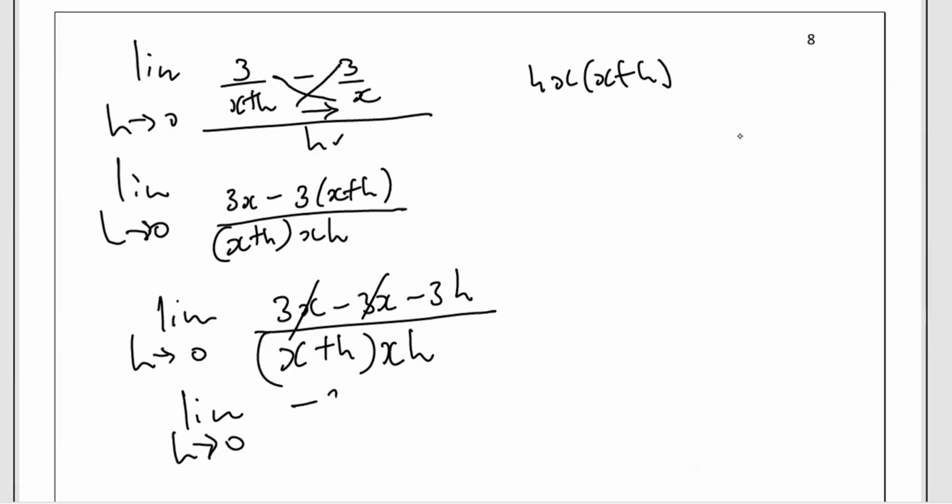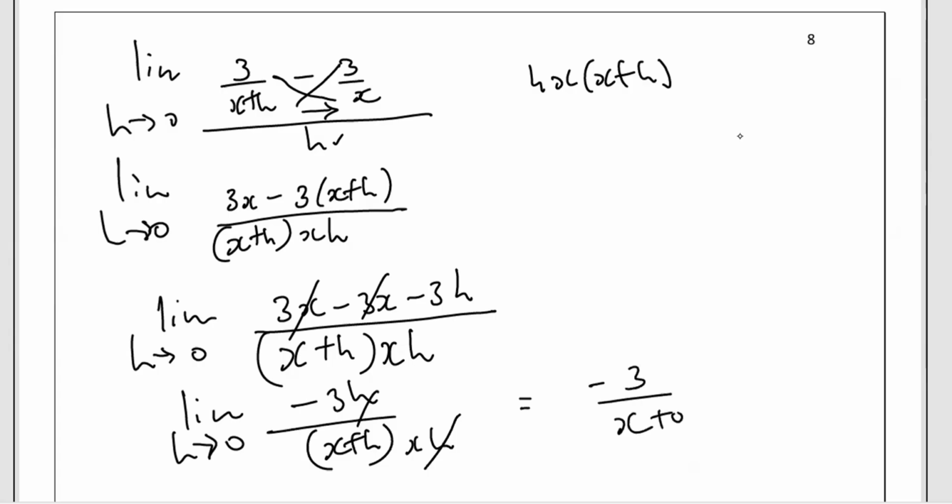We factorize, so negative 3h over x plus h, and then xh. So this h cancels that. We're only left with a negative 3 over x plus 0. This is now okay. And then there's x outside, meaning that our final answer should be negative 3 over x squared.